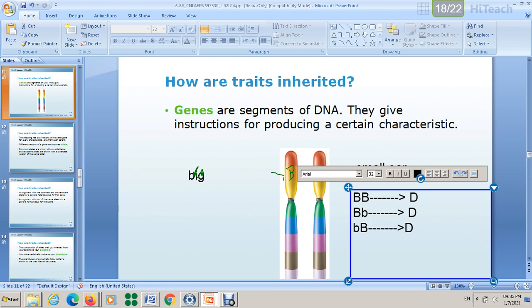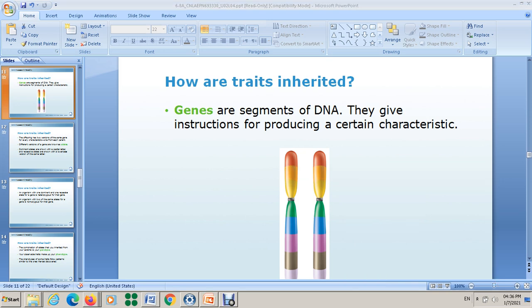It will be big. What if you receive from your mom the small b and from your dad small b? This one is recessive. So to make the recessive characteristic appear, both alleles, from the mom and from the dad, should be recessive. Okay, let's continue now.